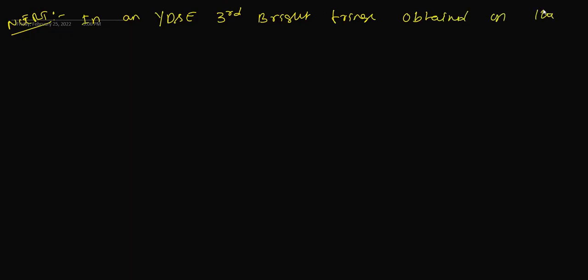NCERT question. The question says: in YDSE, the third bright fringe is obtained on the screen with a light of 700 nanometers.